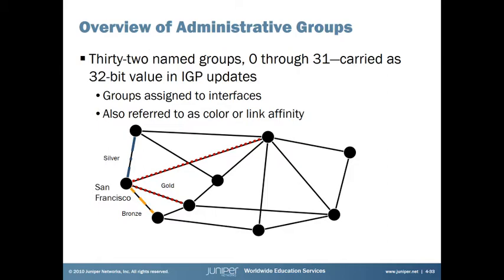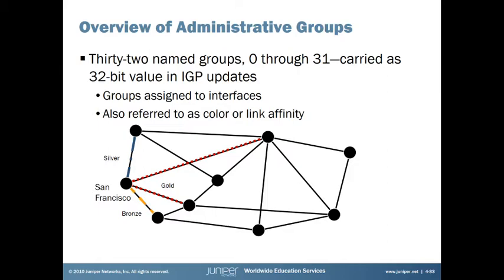They are referred to as color or link affinity. It's quite common for us to use a color to describe the links that we're setting up. So the process is that we will say, okay, well the link here is a gold link, we might have a bronze link here, and a silver link over here.